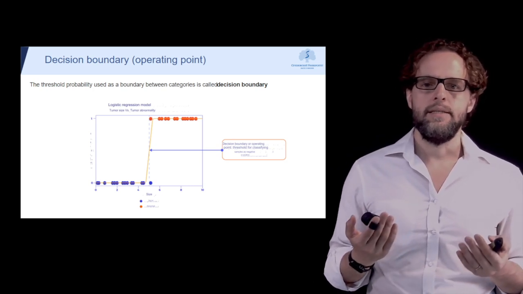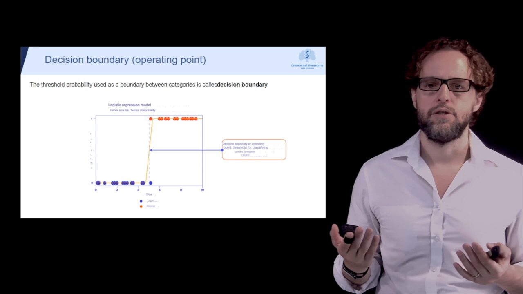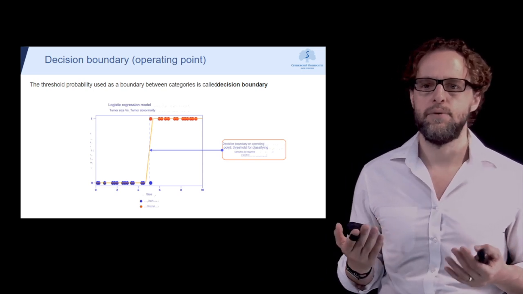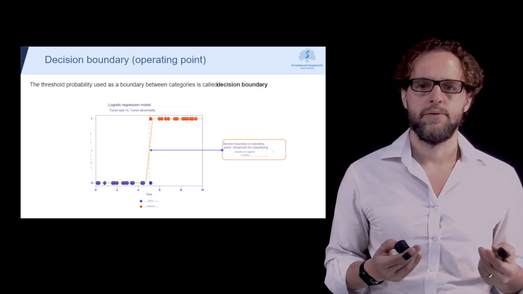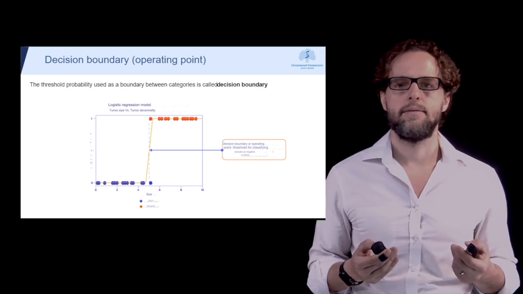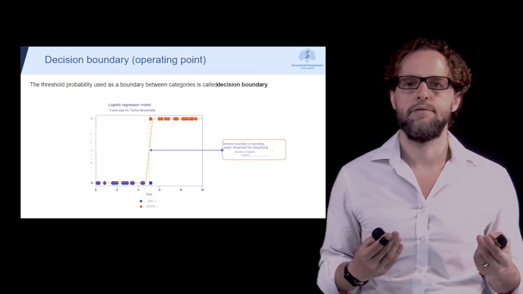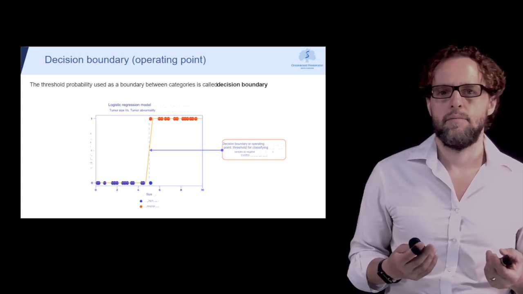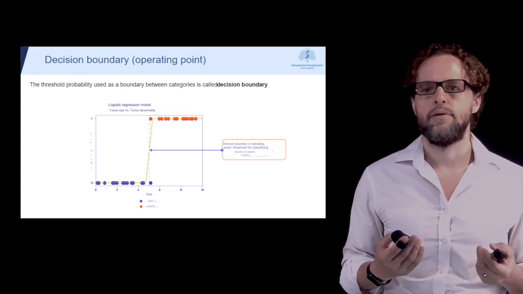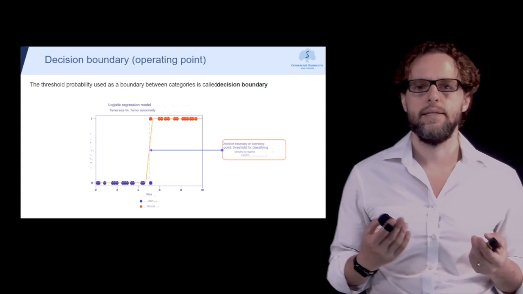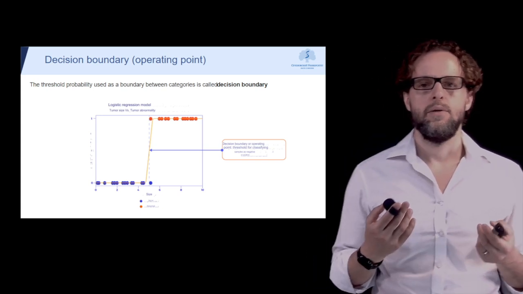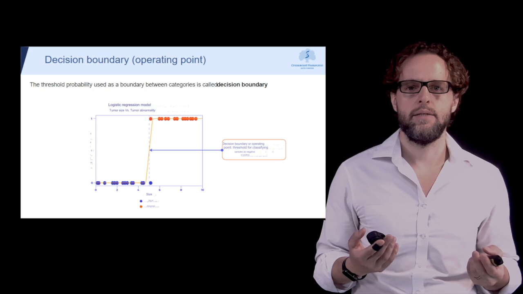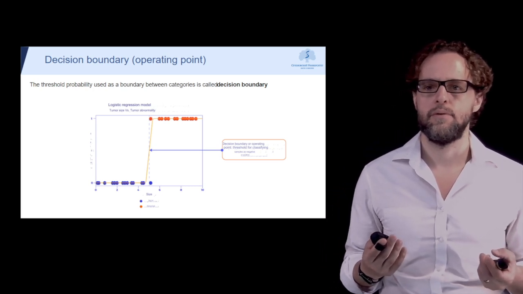As we can see, depending on the location of the operating point, the decision boundary, some cases may fall into different groups. To suit the question being asked, or depending on the use case of our model, we can shift the operating point.